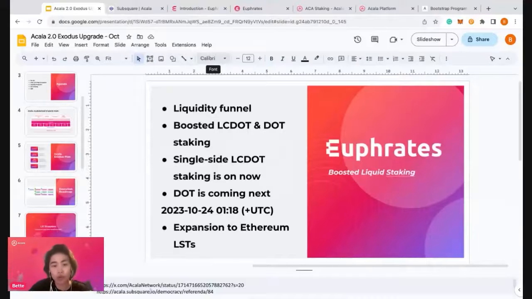It doesn't matter which one you choose, right? So that you can reuse those LDOT or TDOT for different purposes, and also become liquid. And not just you, there will also be external parties, which I'll mention another product that we built, be able to use those LDOT to create even more new products for different purposes.